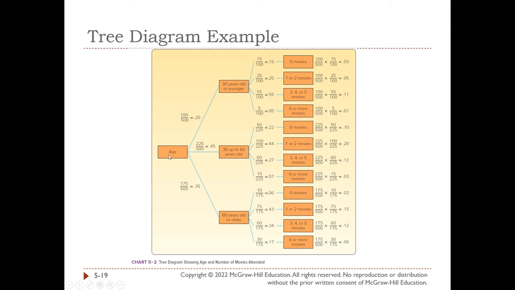Again, so we can go the likelihood of somebody being 30 years old or younger and seeing 1 or 2 movies in a given period will be most likely 45%. Again, the rule of addition: add the 20 plus the 25.